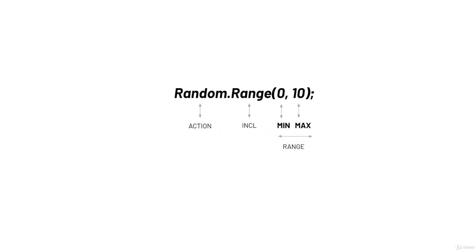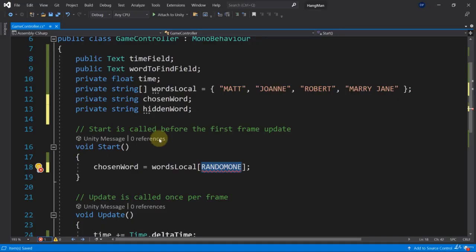So we have seen that and we have used that in our last project, but I just wanted to emphasize on that once again, because we can do the same thing now in order to select a random index, which is exactly what we want. So now please pause the video and try to implement a random.range call here. Basically, we're calling the random.range method and pass values where you think that they would make sense.